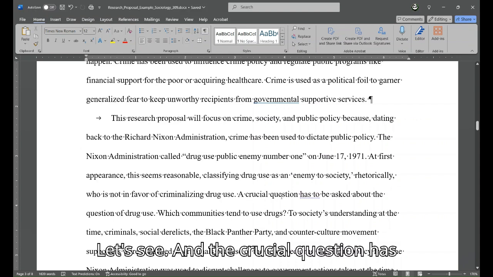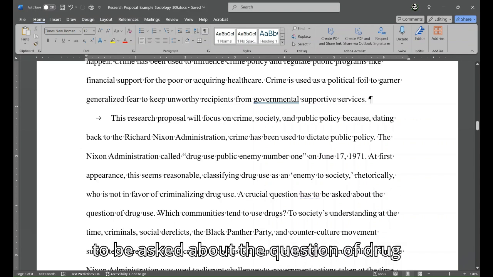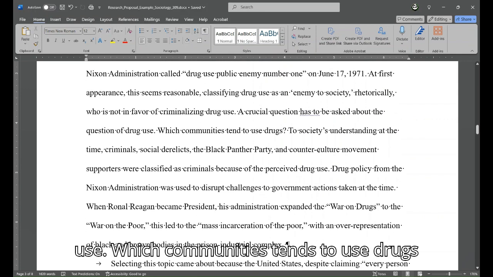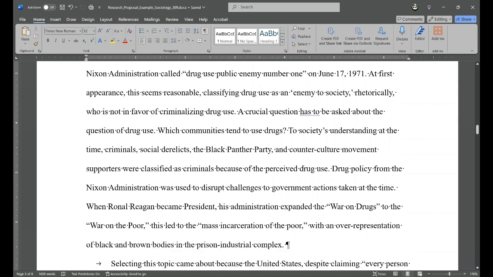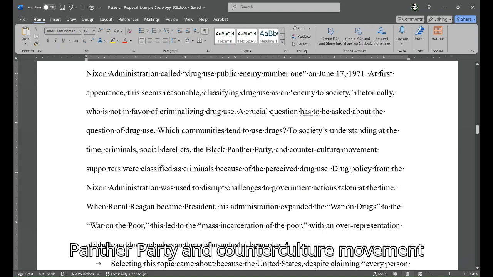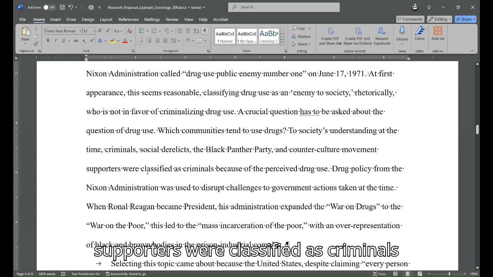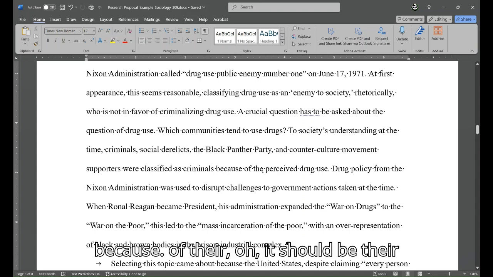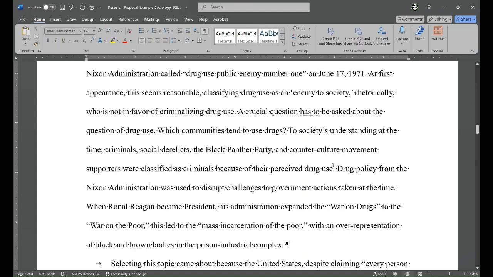And the crucial question has to be asked about the question of drug use: which communities tend to use drugs? To society's understanding at the time, criminals, social derelicts, and the Black Panther Party and counterculture movement supporters were classified as criminals because of their perceived drug use.